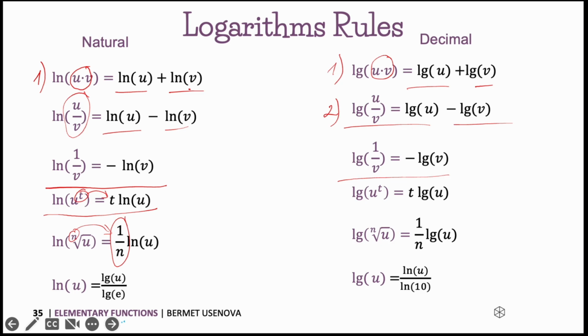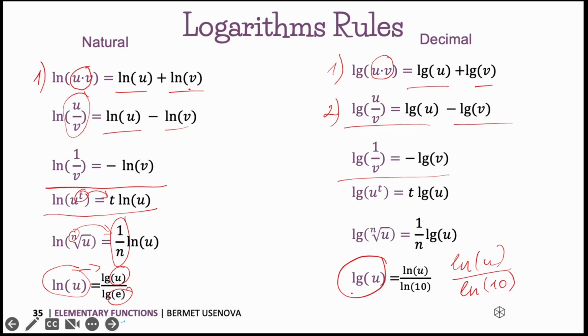For example, if we want to change our base from natural logarithm to log base 10, we have to take log base 10 of u and divide it by the log base 10 of Euler's number. And vice versa, if we want to change our base from log base 10 to the natural logarithm, we have to take natural logarithm of u and divide it by natural logarithm of 10.